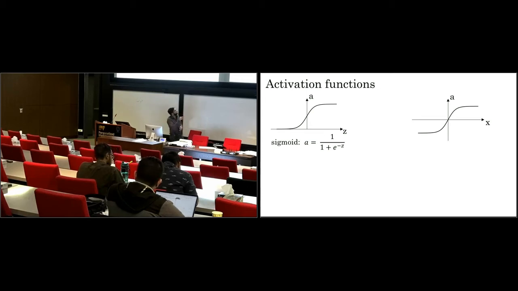What should I do in order to make the output, rather than going from 0 to 1, go between -1 and 1? Can somebody tell me what I should do? You are given this and you want to get this, where this value is -1 and this value is +1.